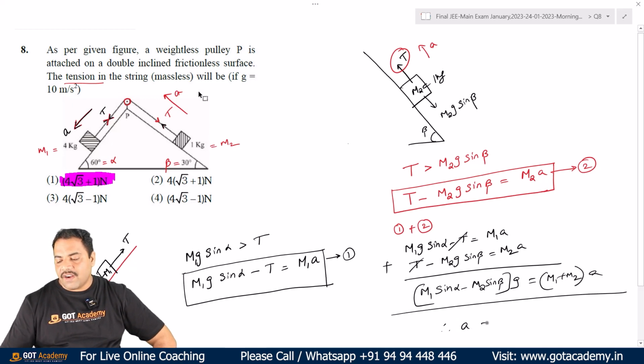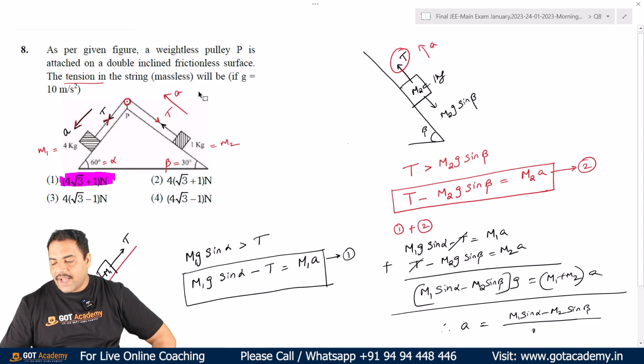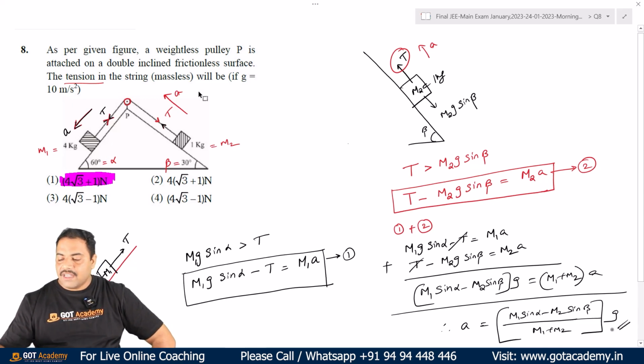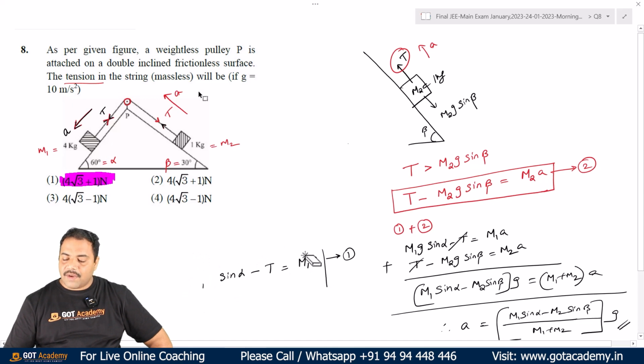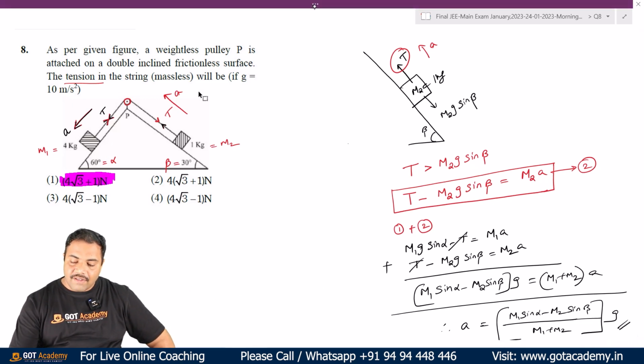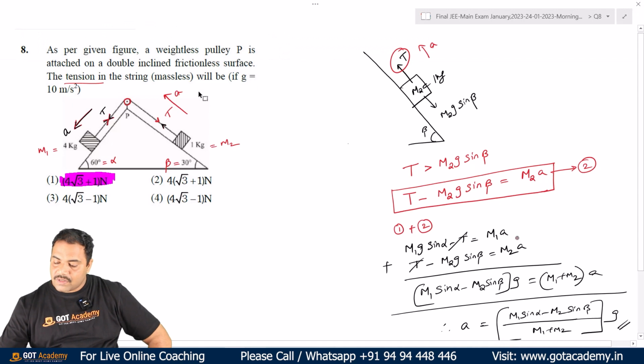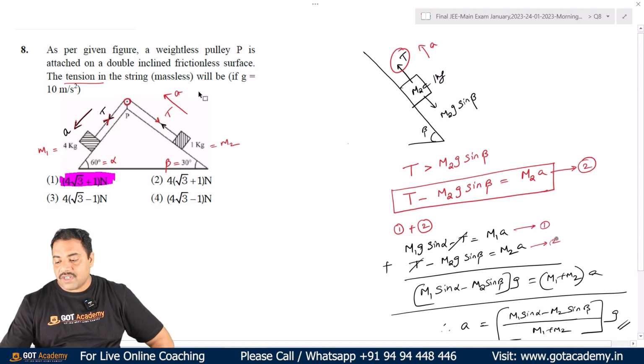With this you can find out acceleration. Acceleration is M1 sine alpha minus M2 sine beta by M1 plus M2, and this complete thing is multiplied by g. Like this you have to find acceleration, my dear children. Once after finding acceleration, you have to substitute it back in either equation 1 or equation 2. Let this be equation number 3.